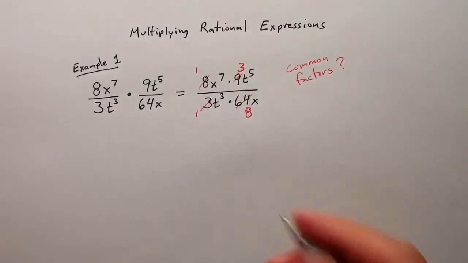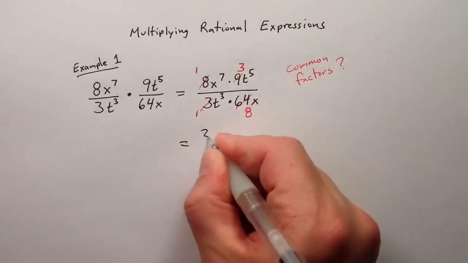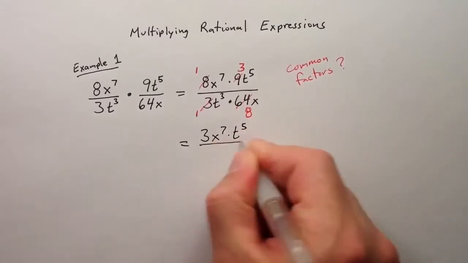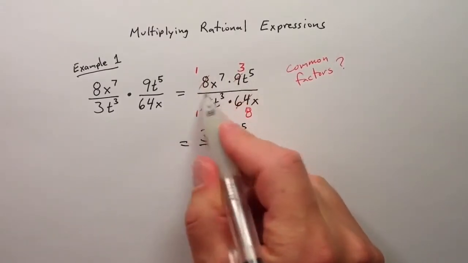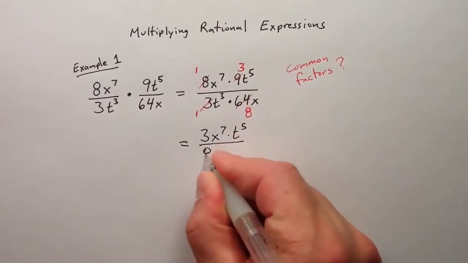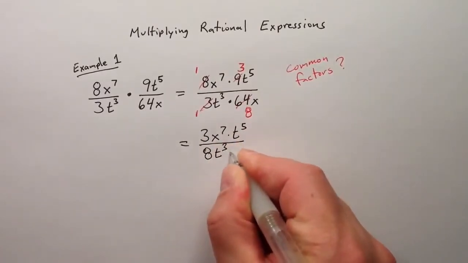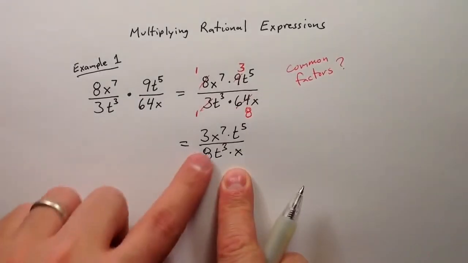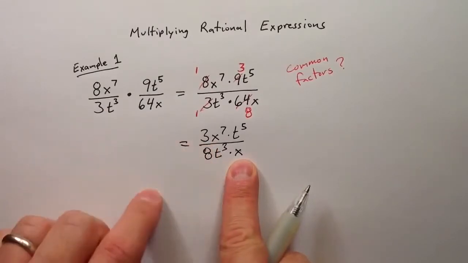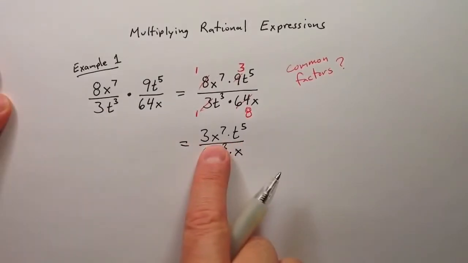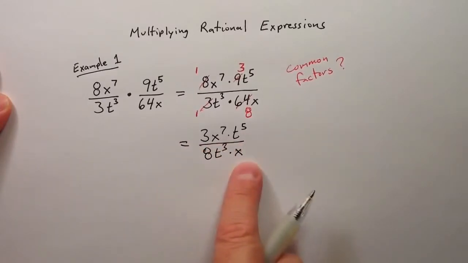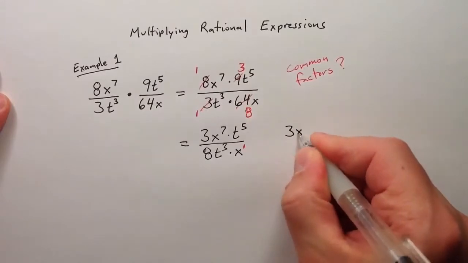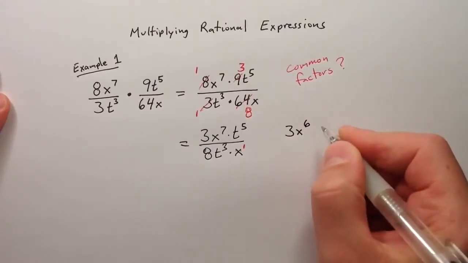So a simpler form of this expression is 3x to the 7 times t to the 5th, moving that 3 times 1 to the front, and similarly 8t cubed times x. But we can do even more because the variables are in common and they're multiplied with everything else. So x to the 7 is multiplied with everything else up top, and down here I have 1x. So subtracting the exponents tells me I'm going to be left with 6 x's in the numerator.